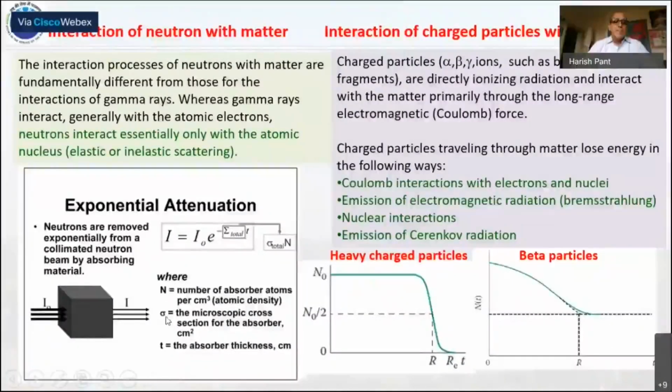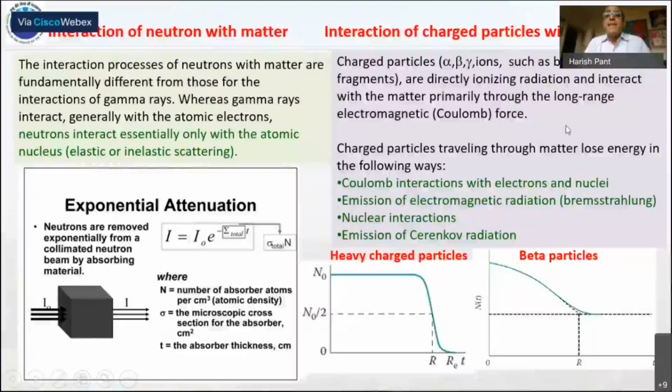Sigma is called the microscopic cross section of the absorber, which has the dimensions of area, centimeter squared, and T is the thickness of the object. So actually they follow a similar law as gamma radiation.